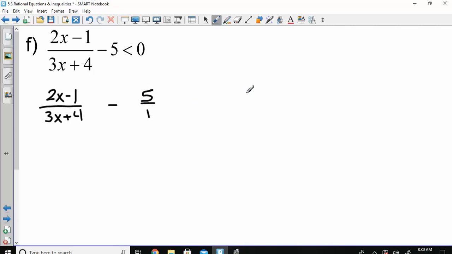This is like a 5 over 1. I need a single fraction over here before it's going to work. So I have to multiply this by 3x plus 4.